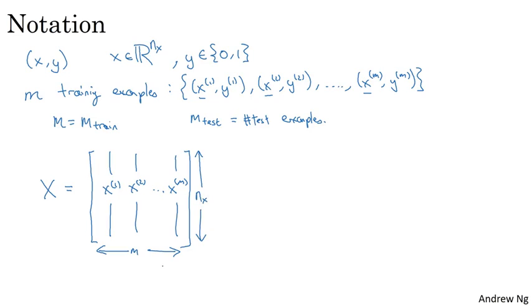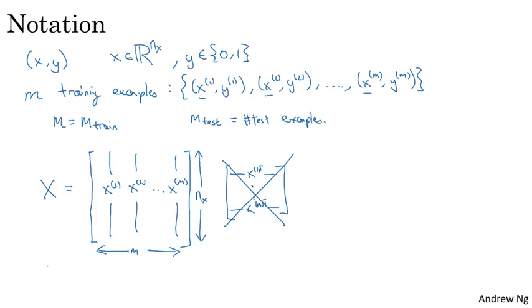Notice that in other courses, you might see the matrix capital X defined by stacking up the training examples in rows, like so, x1 transpose down to xm transpose. But it turns out that when you're implementing neural networks, using the convention I have on the left will make the implementation much easier.